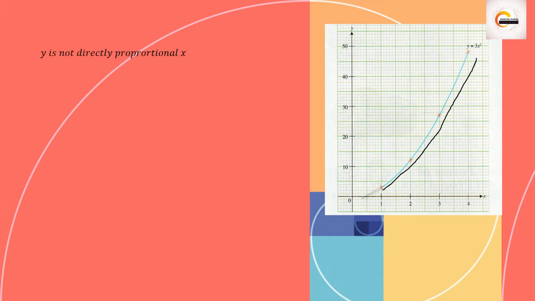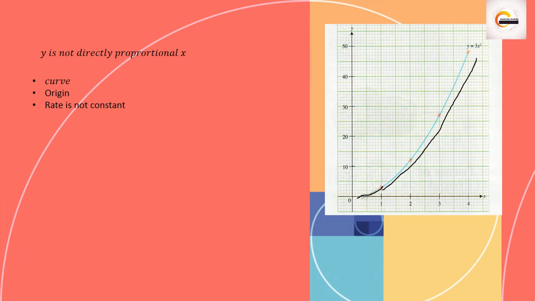And we can say that y is not directly proportional to x. Why? Because of three reasons. Number one, it's a curve. Number two, it does not pass through the origin. If you further extend this curve, you can clearly see that it does not pass through the origin.